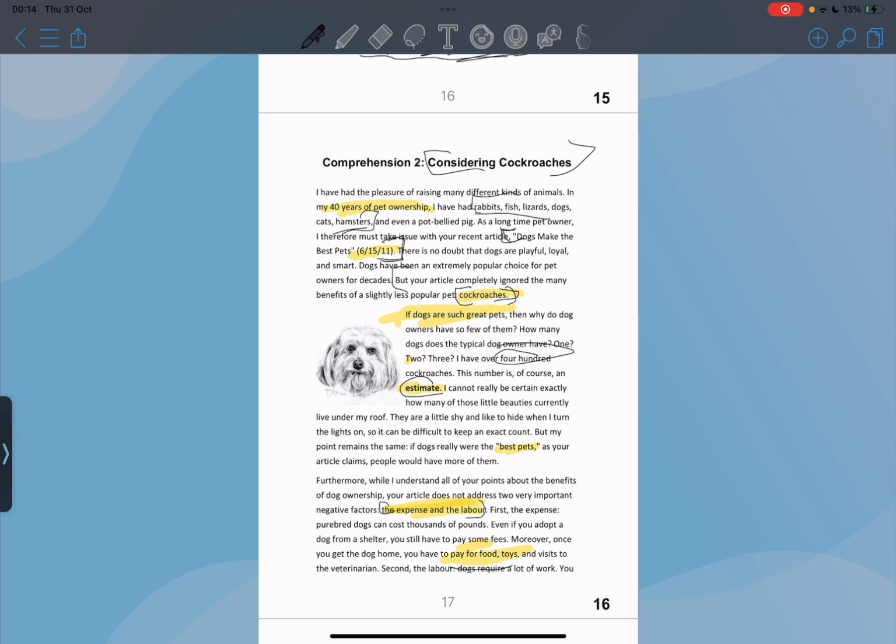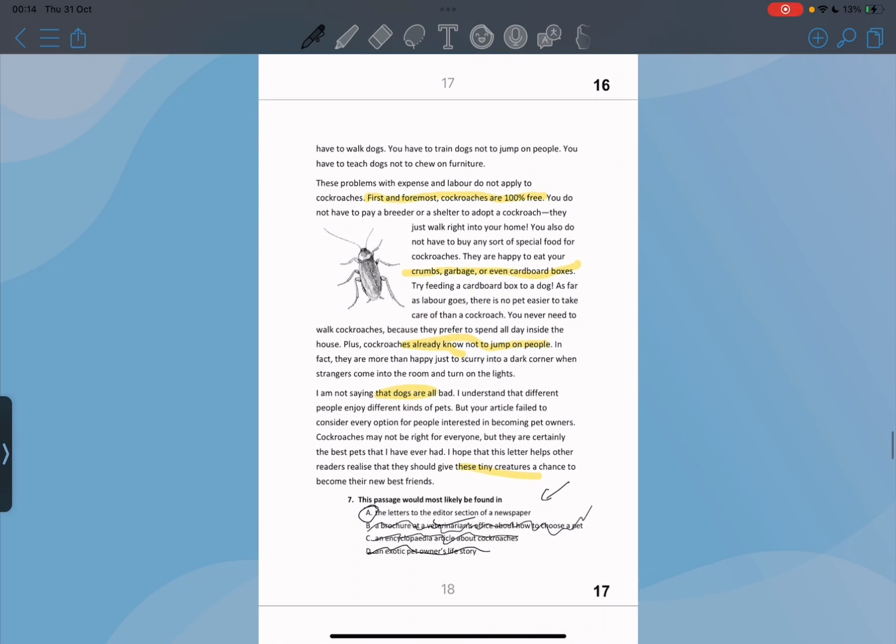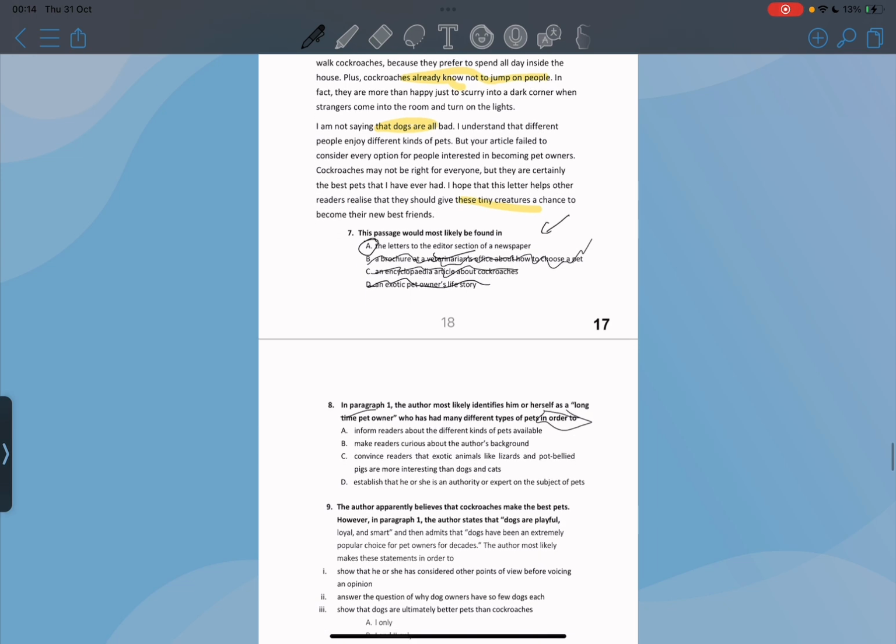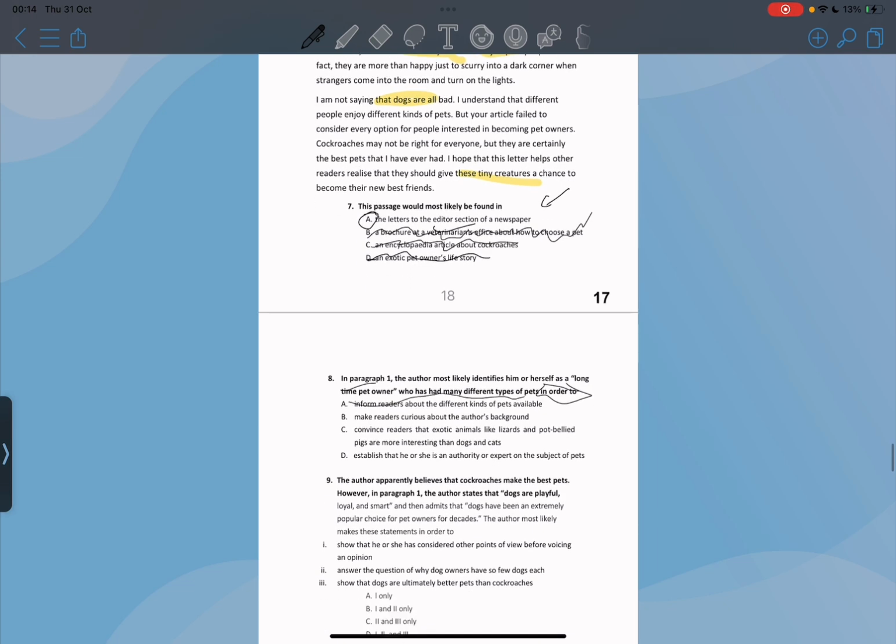That makes him a good source of authority to tell you what pet is the best, and that basically helps him prove his point. So it's not to inform readers. It's to convince readers that exotic animals like lizards are more important than... no. Again, right here, option D. Establish that they're an authority or an expert in the subject of pets.